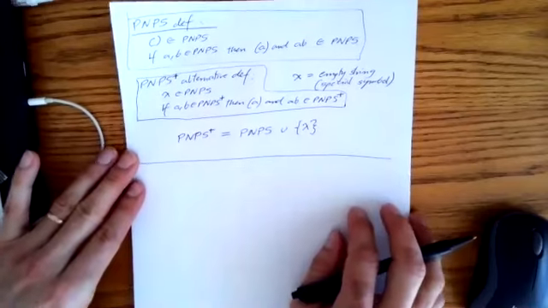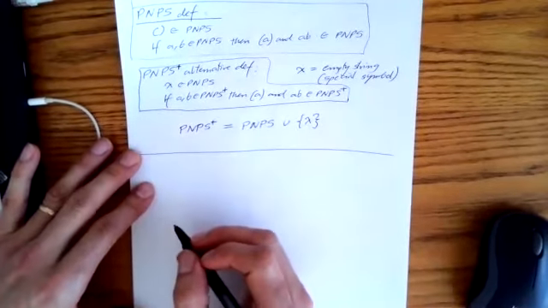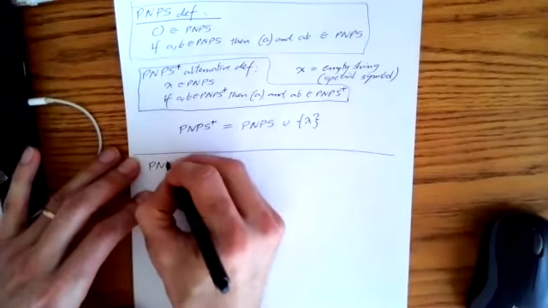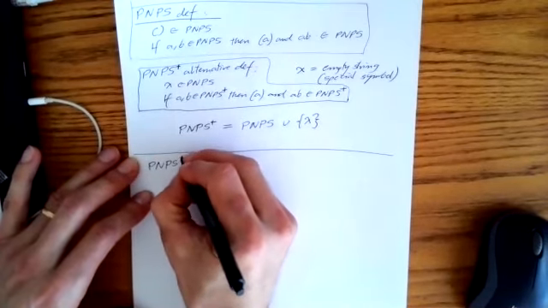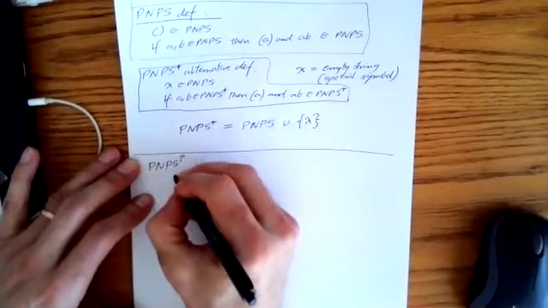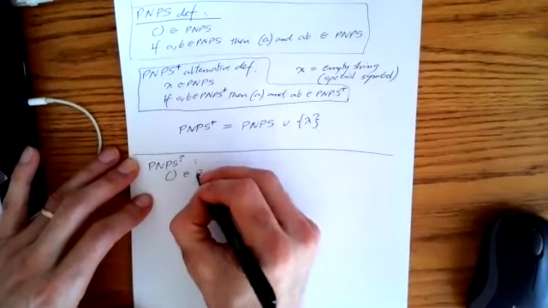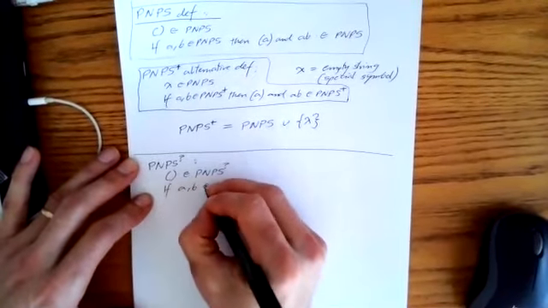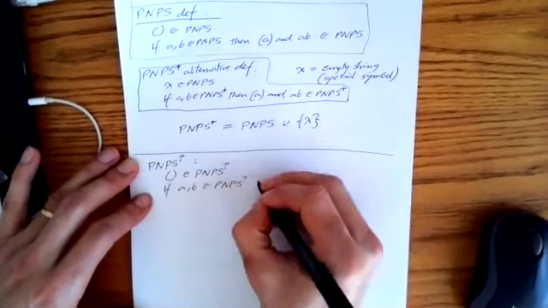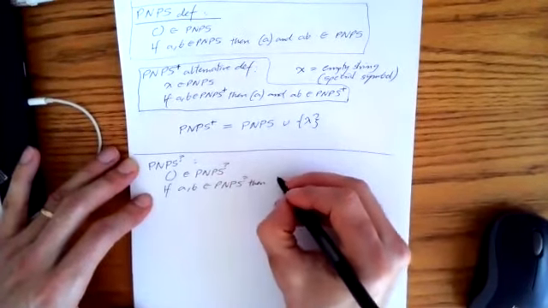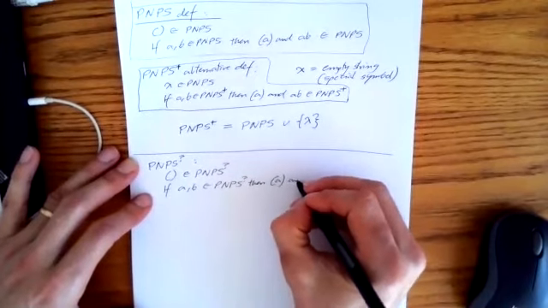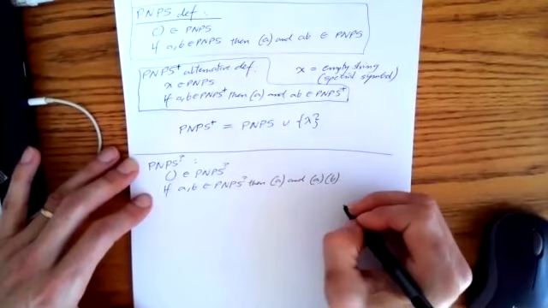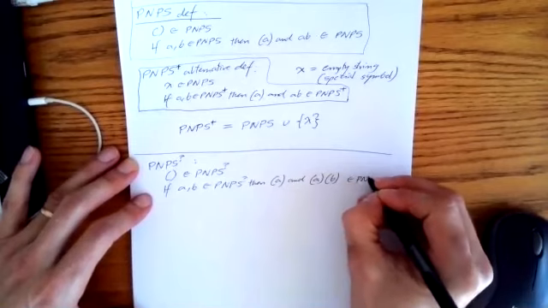In fact, you can ask, for example, let's say PNPS question mark is defined like this. Close open is in PNPS question mark, and if A and B are in PNPS question mark, then so is A this, and let's say this are both in PNPS question mark.